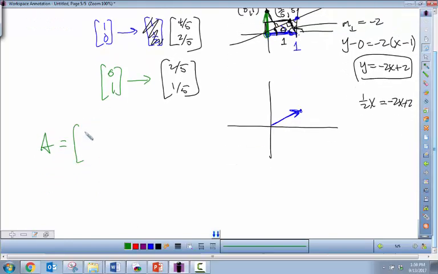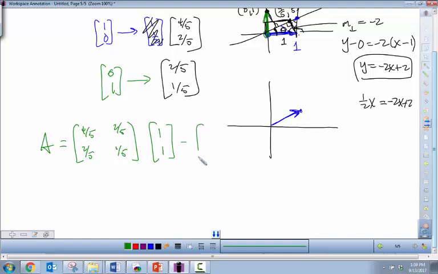This is your matrix: 4/5, 2/5, and 2/5, 1/5. And then you want to know what happens to the point 1, 1. Where does it go to? 4/5 plus 2/5 is 6/5, and 2/5 plus 1/5 is 3/5. So it goes to this point.